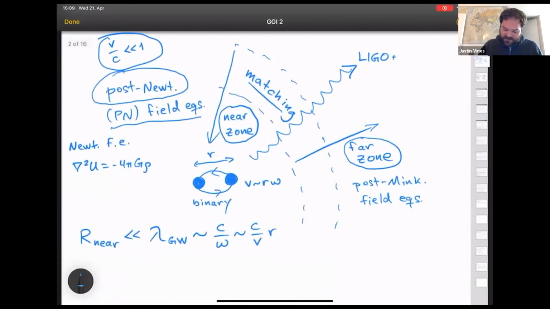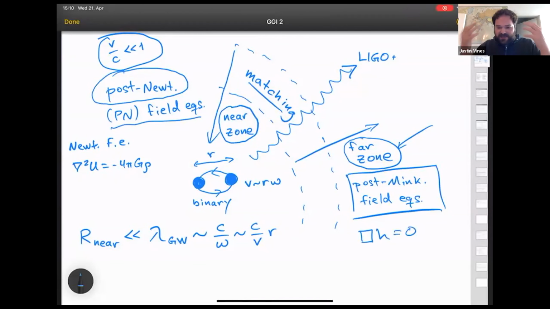Much on the order of a gravitational wavelength away or bigger, we have to switch to post-Minkowskian field equations, and in fact, we then only need to consider vacuum field equations, but let's say in the linear approximation, we have the wave equation for the metric perturbation. So we can, in fact, describe the propagation of gravitational waves in the far zone.